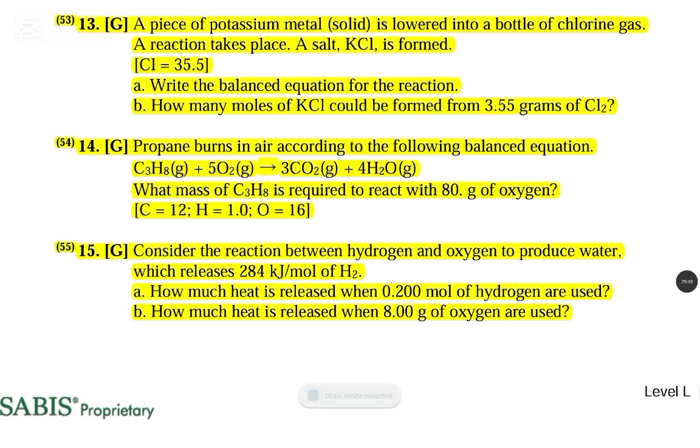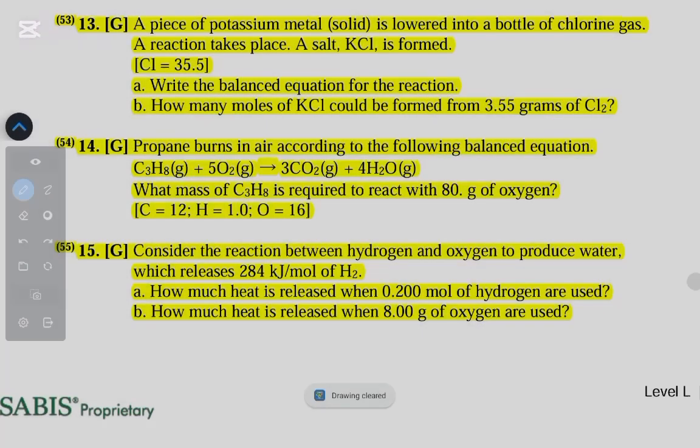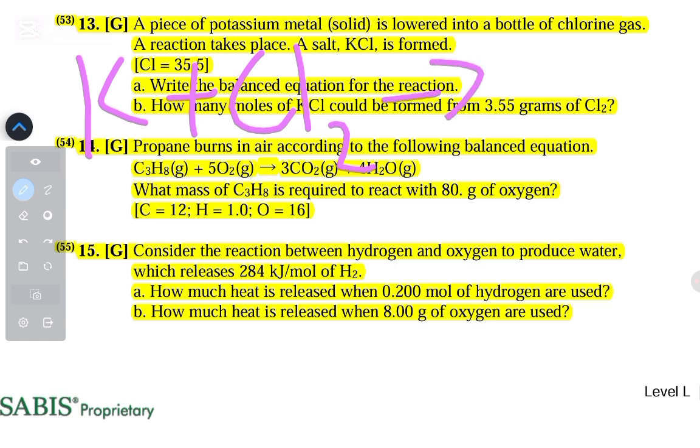A piece of potassium metal, solid, is lowered into a bottle of chlorine gas. A reaction takes place and a salt, KCl, is formed. So K plus Cl2 gives you, no, 2K plus Cl2 gives you 2KCl.